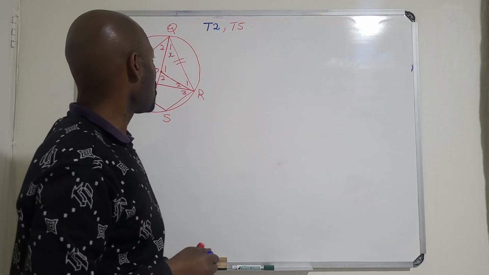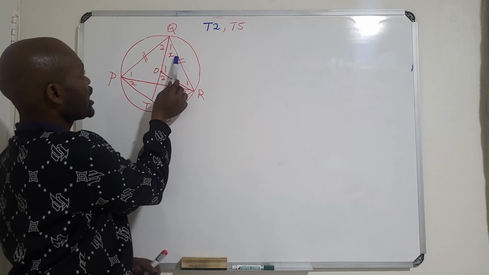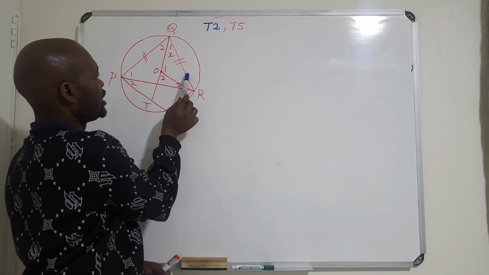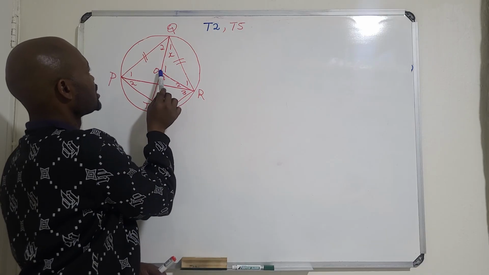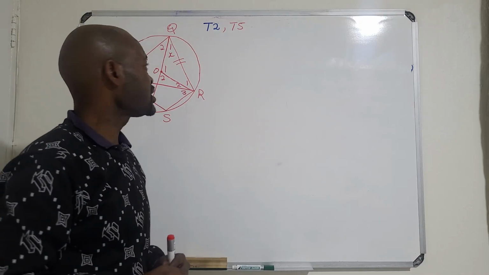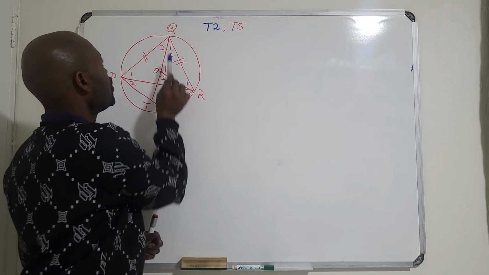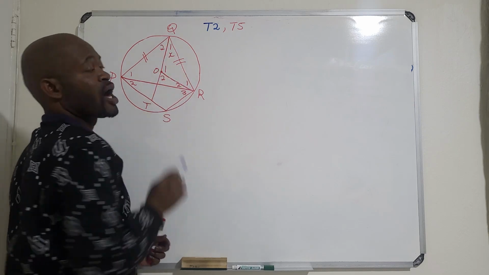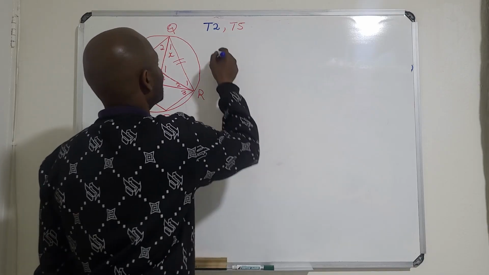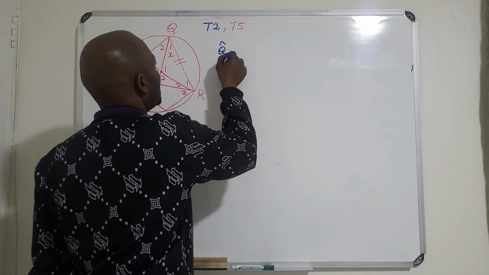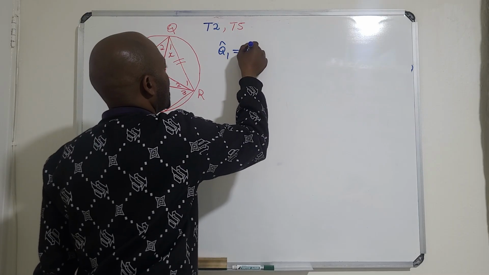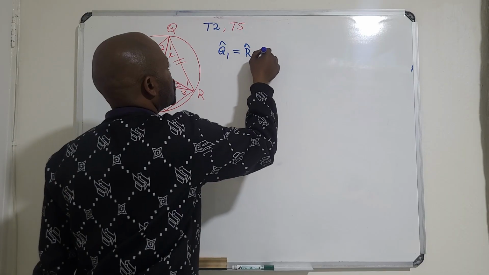And for us to find O1, we do know this angle here and this angle there. This angle is equal to this angle, since this line is a radius and this line is a radius, so we've got radii, which makes this an isosceles triangle. Therefore, we can start by saying angle Q1 is equal to angle R1 equals x.